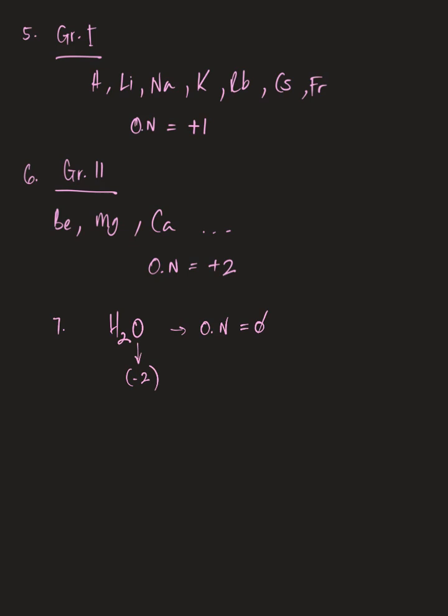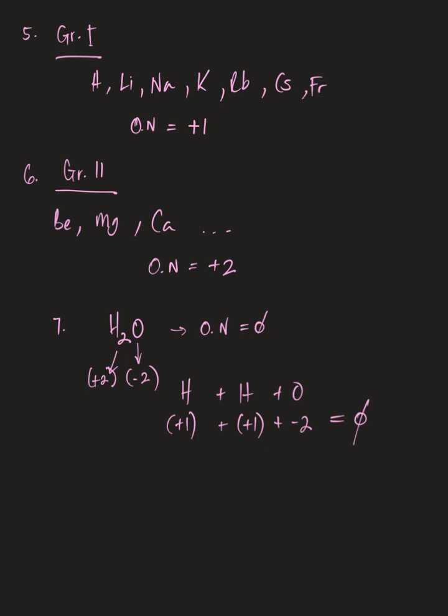So if this oxygen is -2, that means H2 has to be +2. Each hydrogen is +1, +1, plus oxygen, which is -2. If I add all of this together, I'm going to end up with 0, which is the oxidation number for compounds.